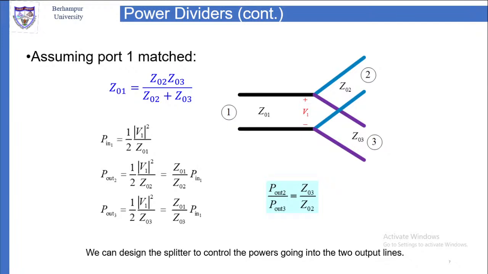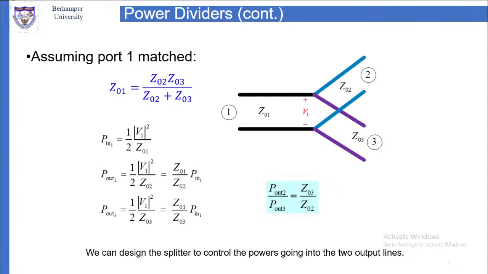At port 2 there is power output, therefore P out 2 is equal to 1 by 2 V1 square by Z02. Now we know P in 1 is equal to 1 by 2 V1 square by Z01, which means V1 square is equal to 2 P in 1 times Z01.